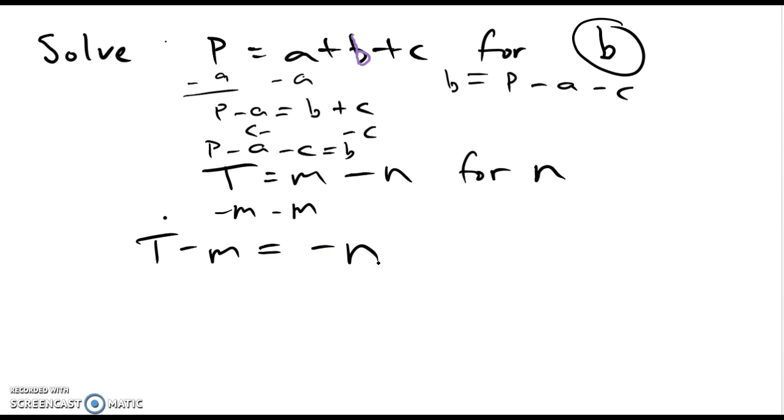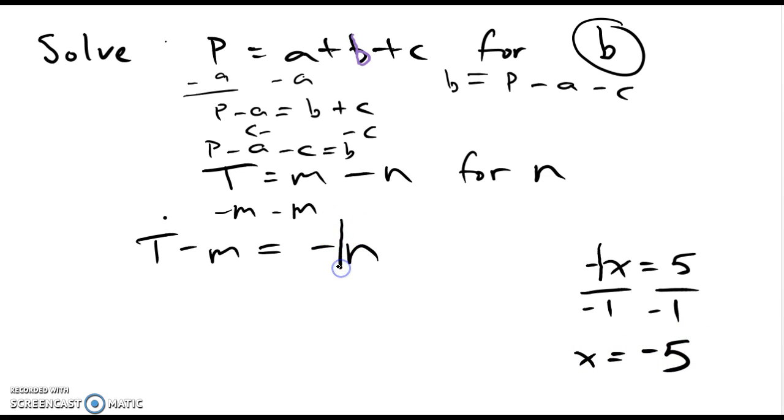And now this is kind of difficult. If we wind up with negative x is equal to 5, and I did tell you this, but I think we're still forgetting that there is a 1 here, and we've got to divide by negative 1 on both sides to get x by itself. So we have x is equal to negative 5. Well, right here, there's a negative 1 here. Just because it's a variable doesn't mean the rules are any different. So we're going to divide by the negative 1.